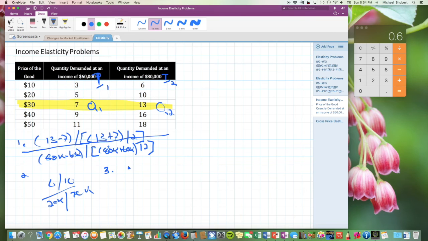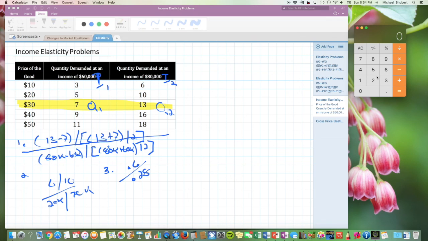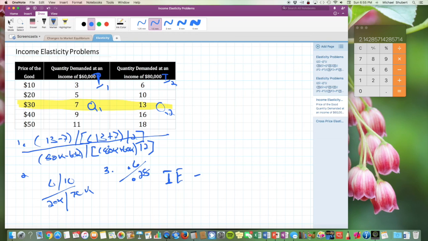I have 0.6 divided by 0.28. So my income elasticity is going to be equal to positive 2.14.